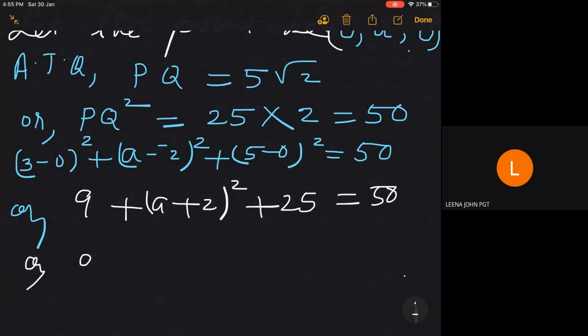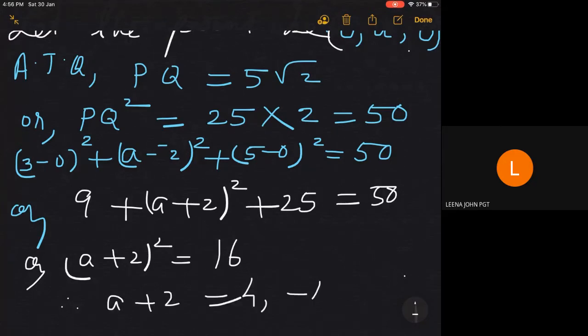Or you get (a plus 2) squared equals 16. Taking square root on both sides, a plus 2 can be plus 4 or minus 4.